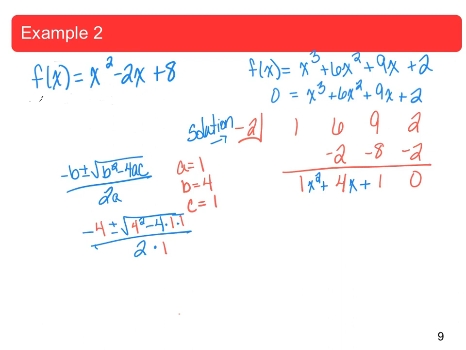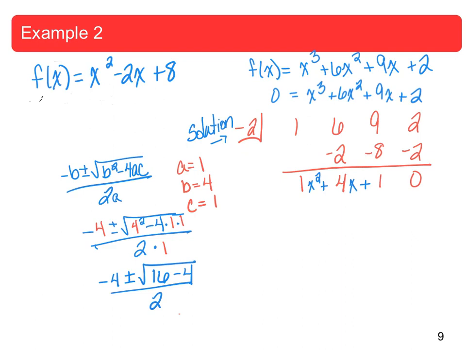So now I have negative 4 plus or minus the square root of 4 squared, which is 16, minus 4 times 1, which is minus 4.